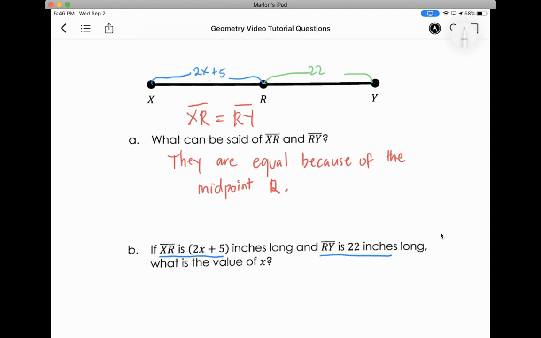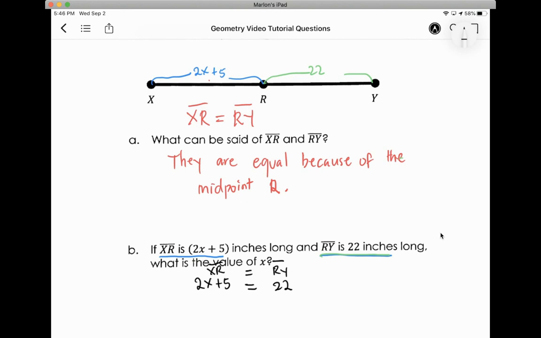So using these two values, 2x plus 5 equals 22, we can solve for x. Again, R is our midpoint, and XR, which is 2x plus 5, is equal to RY, which is 22. So if we set up our equation, it would be: 2x plus 5, which is your XR, equals your RY, which is 22.